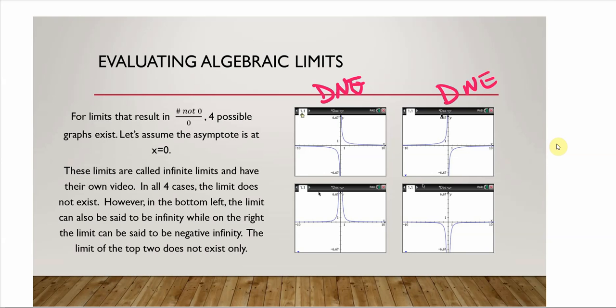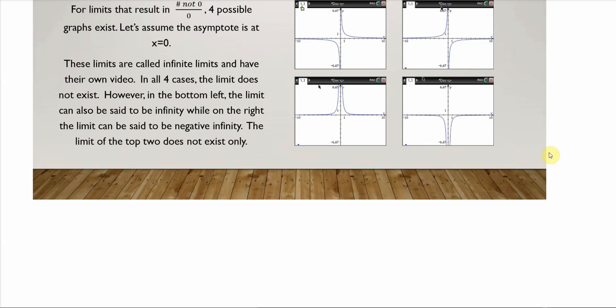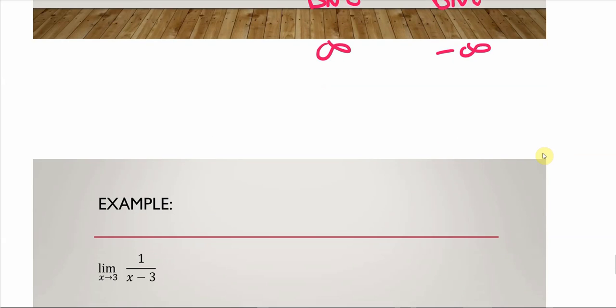But the two on the bottom are special. You can say that the limit does not exist for both of them. But this one has a better answer. You can say that the limit is infinity. And for this one, you can say that the limit at 0 is going to be negative infinity. Okay? So let's go ahead and look at it.